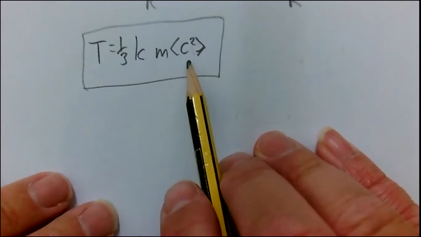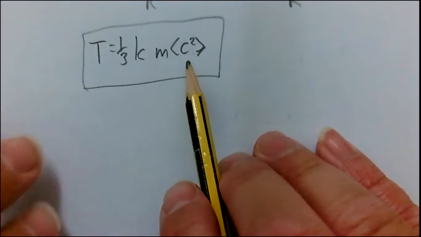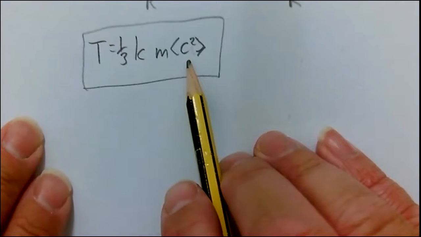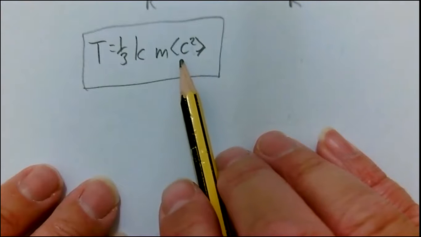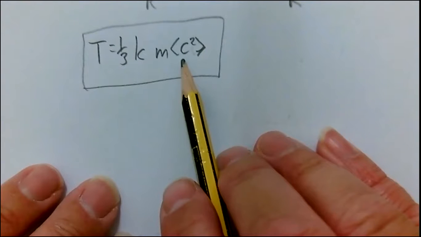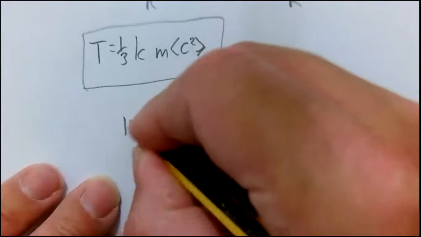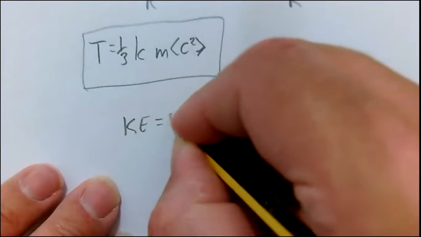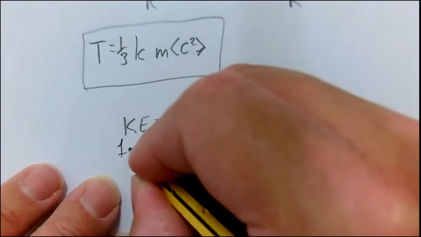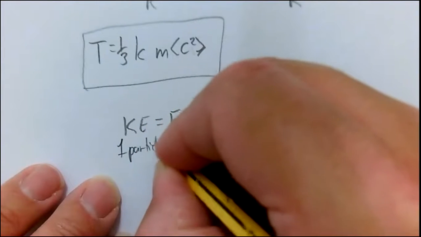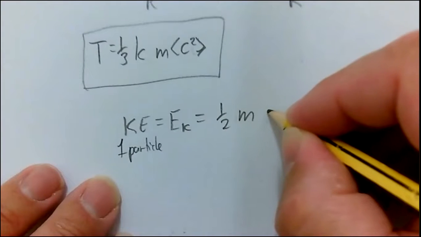But you can measure the kinetic energy, because that's because of the gas. That's going to lead to the internal energy. So the next thing to think about is how we go about actually working out the absolute temperature. Well, we know that the kinetic energy of a particle, which I'm going to call E with a little k, kinetic energy of one particle, is a half times mass times the speed squared.